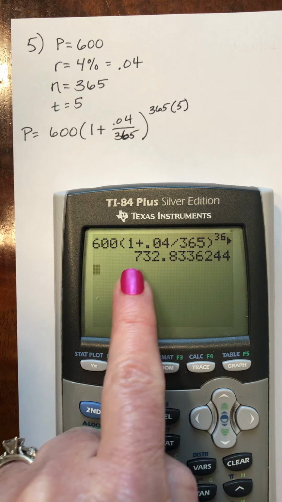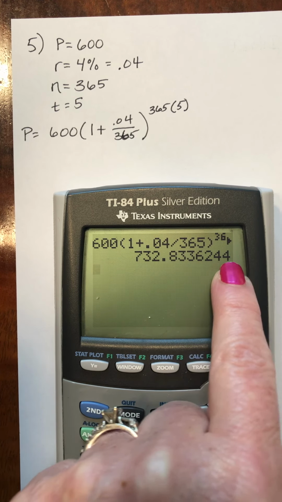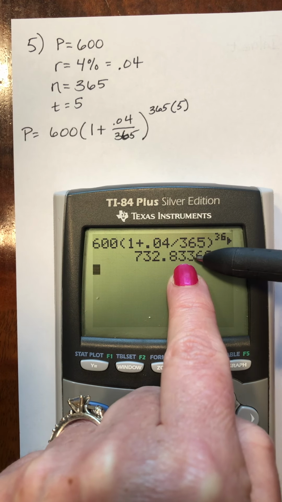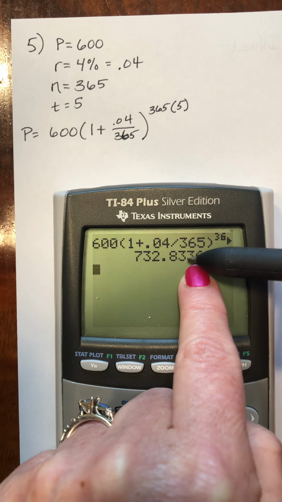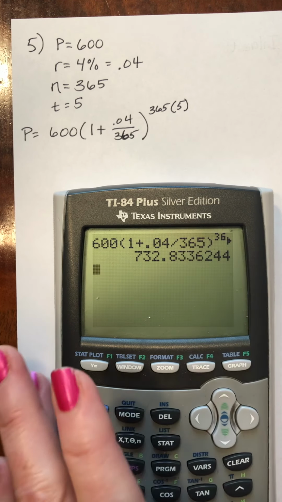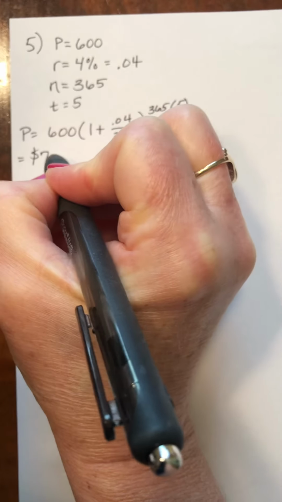Okay, so you see we have 732.8336244. Again, we're going to the nearest penny, which is this first 3 right here. So if I look at this 3, it tells me leave that 3 alone. And so my answer is going to be $732.83.